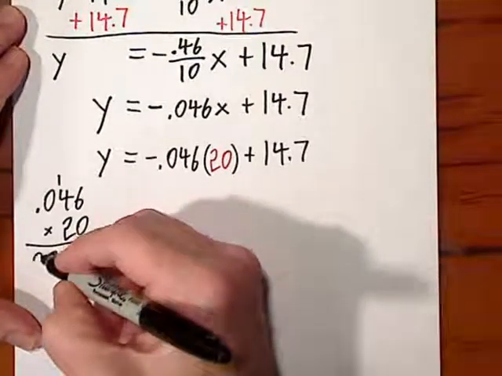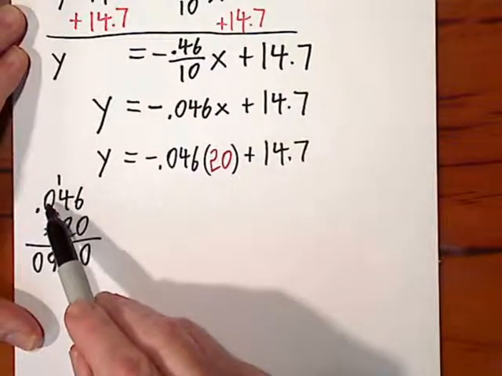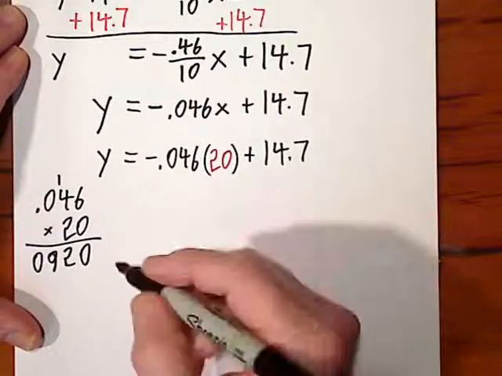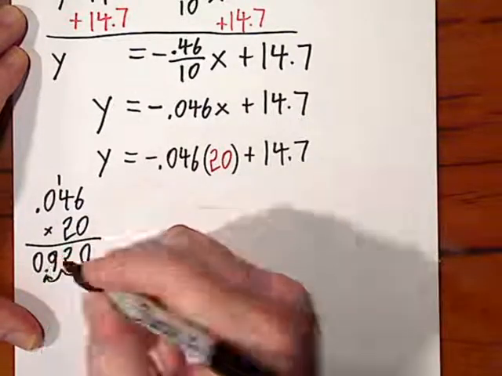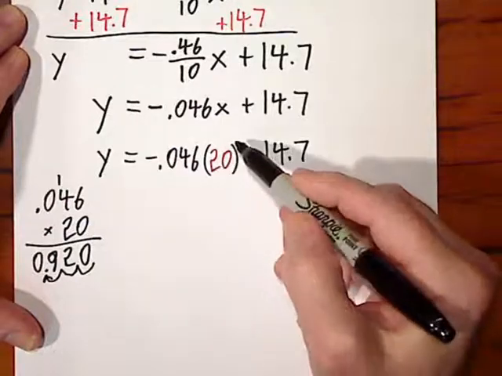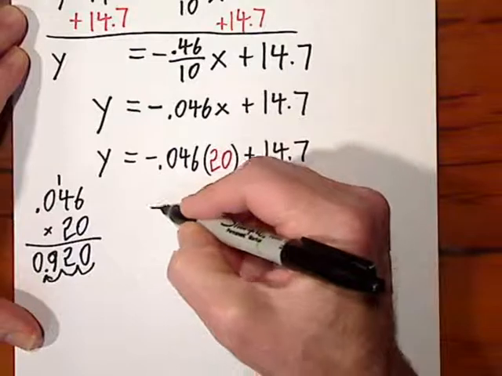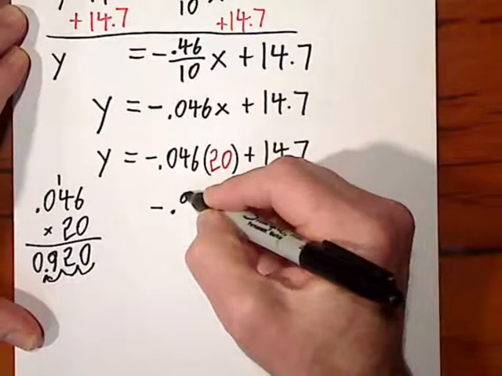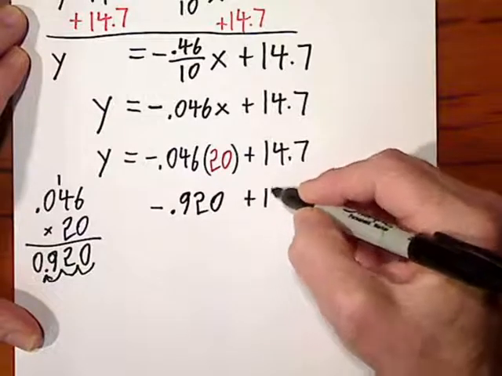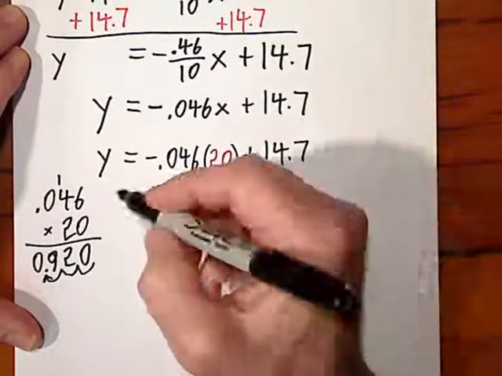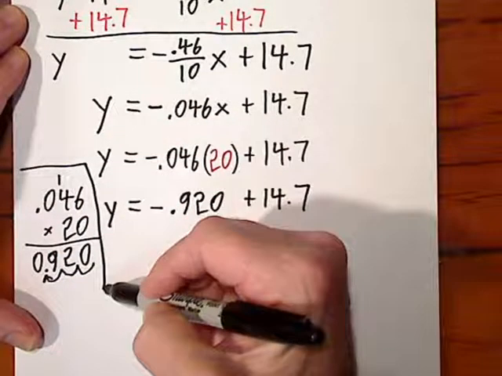Well, 2 times 0 is 0, doesn't matter. Okay, so you have 3 decimal places. You start here and move in 3 places. So this term right here becomes a negative 0.920 plus 14.7. So let me section that off.